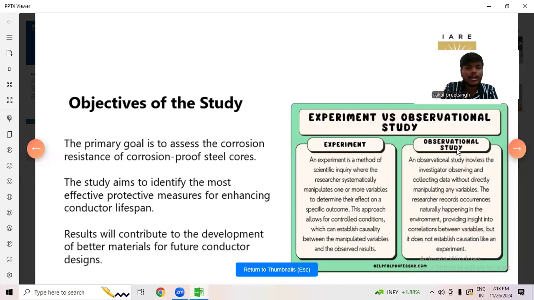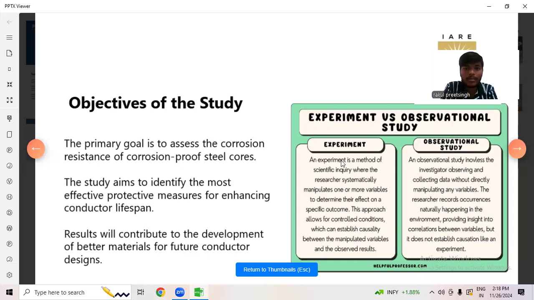Results will contribute to the development of better materials for future conductor designs. In the objectives of the study, there is also experiment versus observational study. This picture shows the difference between the experiment and observational study.